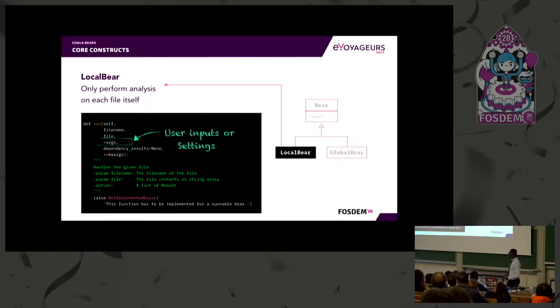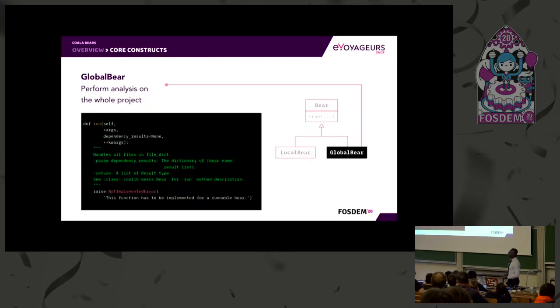Also user input and settings. And global bears are to run analysis on the whole project. As you see in the run function, you don't have the file, but you can do some internal things to do whatever you want with your files.